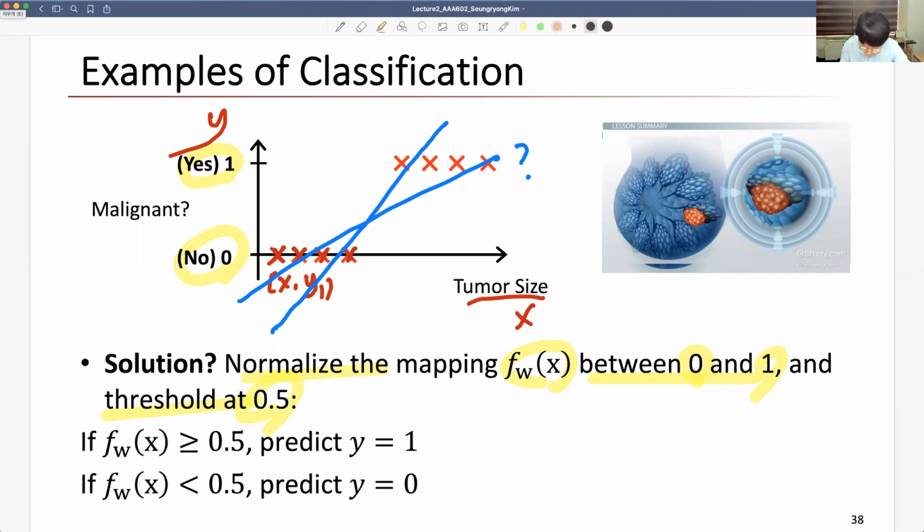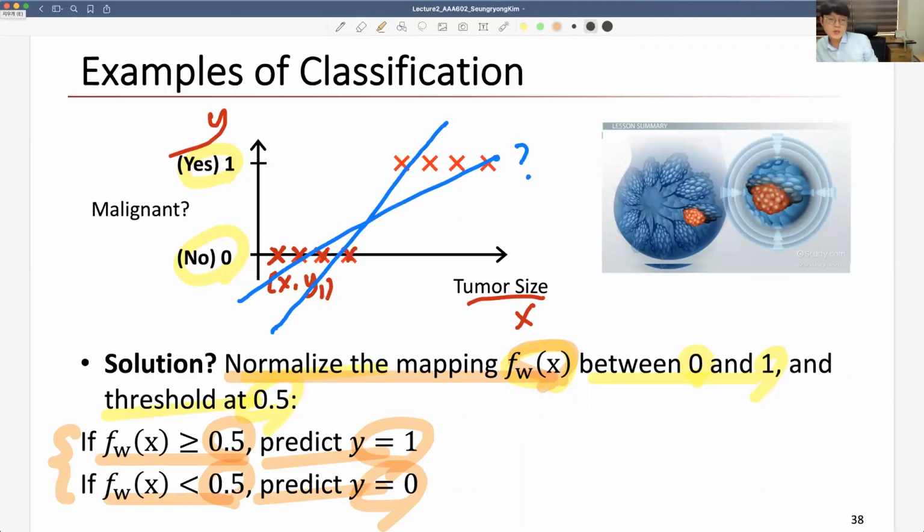If we normalize the mapping function with some kind of technique, then if the mapping function is larger than 0.5, predict y is equal to 1, the positive class. If the mapping function is smaller than 0.5, predict y is equal to 0. So this will be our new strategy to classify these samples.